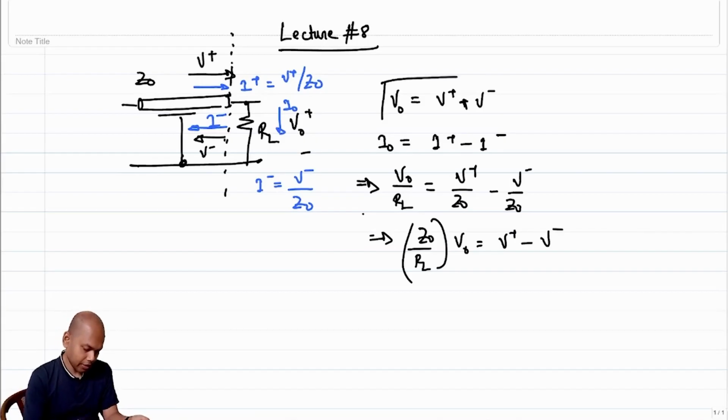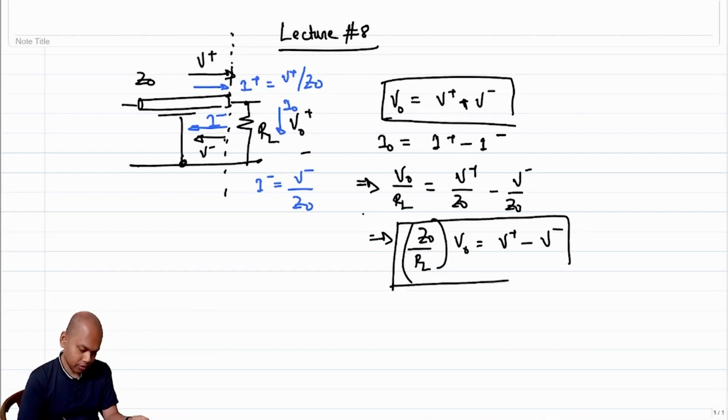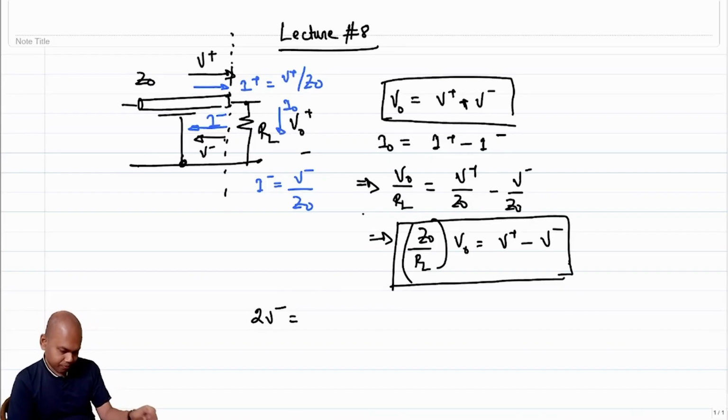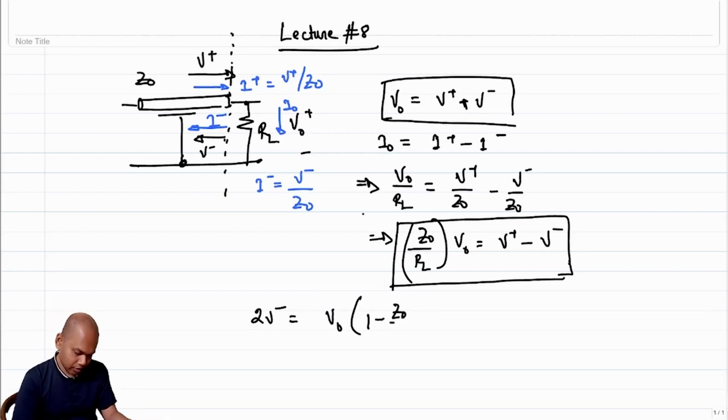Now if we take these two equations into account and subtract them, we get 2V minus equal to V naught times (1 minus Z naught over RL).